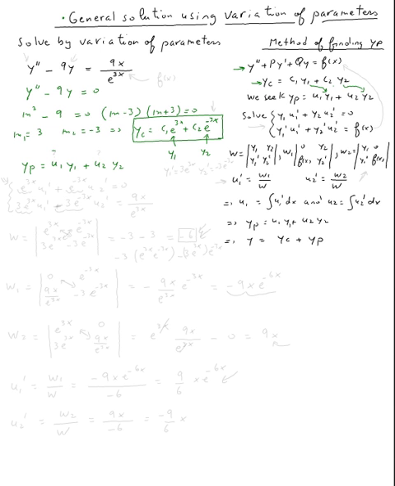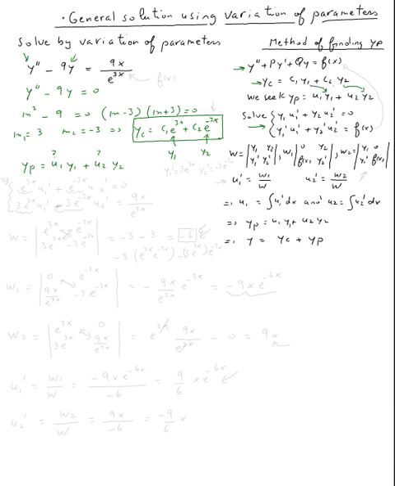So all we need to do is find u1 and u2. We plug yp prime and yp double prime into the equation, and we will have to solve this system of equations.